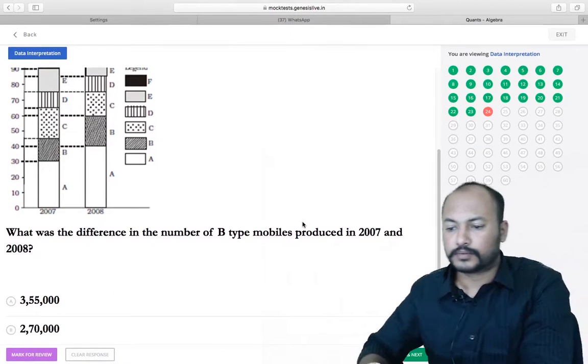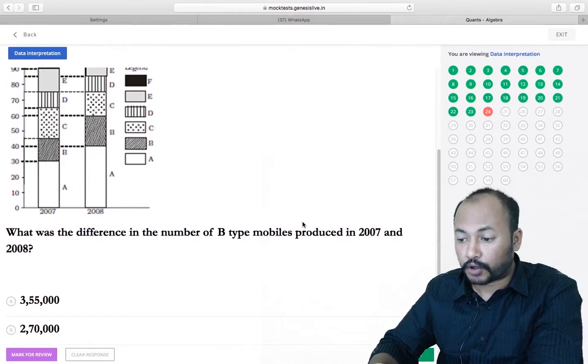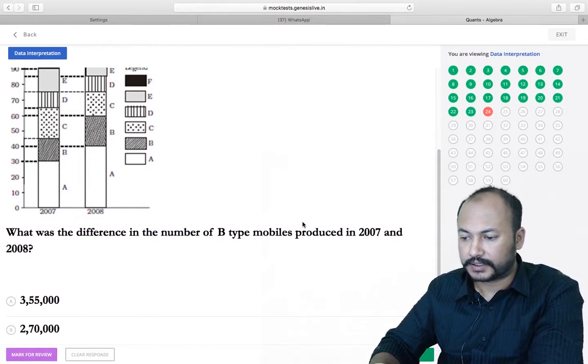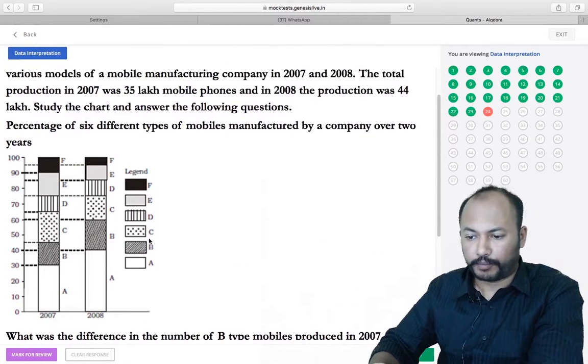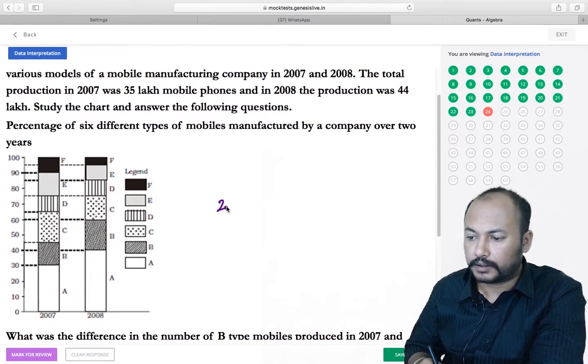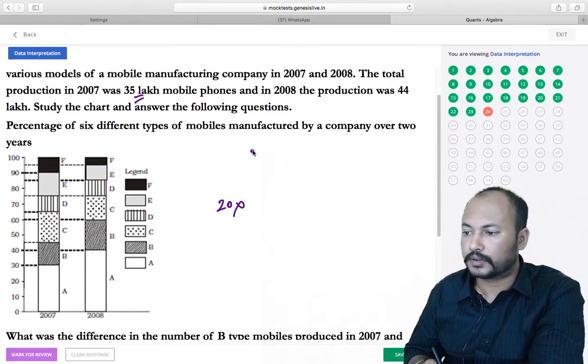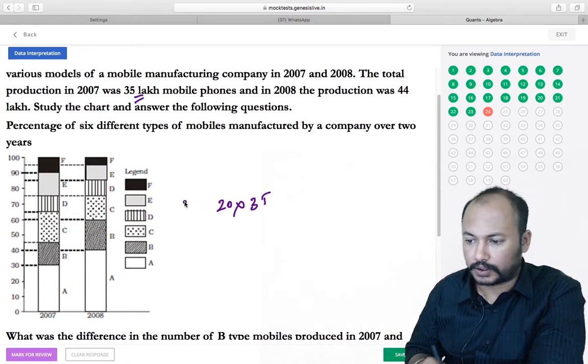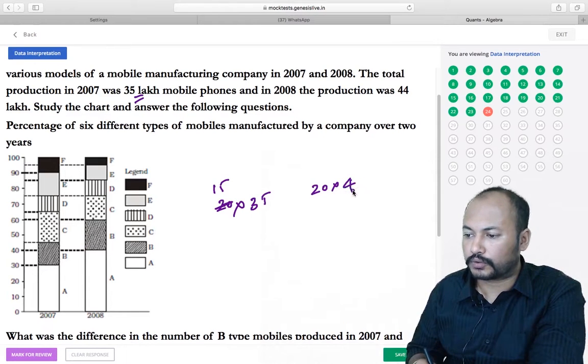Next one. What was the difference in the number of B-type mobiles produced in 7 and 8? In 7 it is 20 into total production in 7, which was 35 lakhs, and here this is 15. In this case it is 40 and 60, 20 into production there is 44.